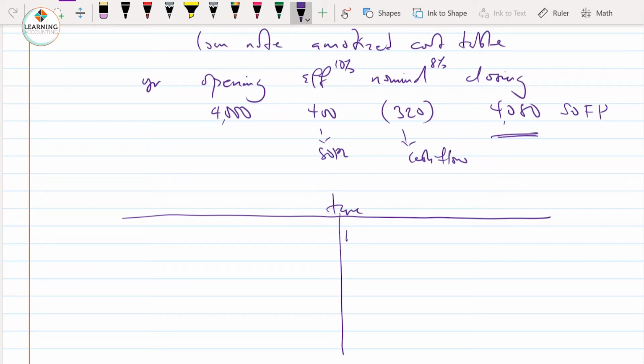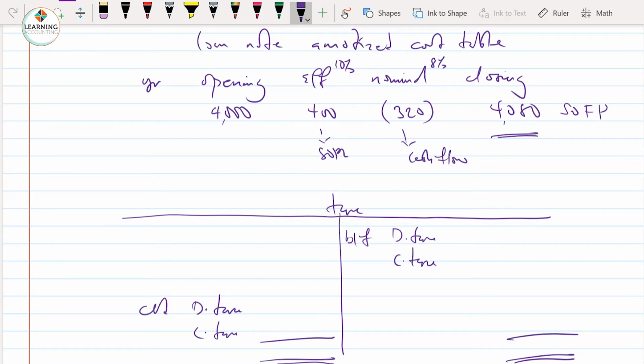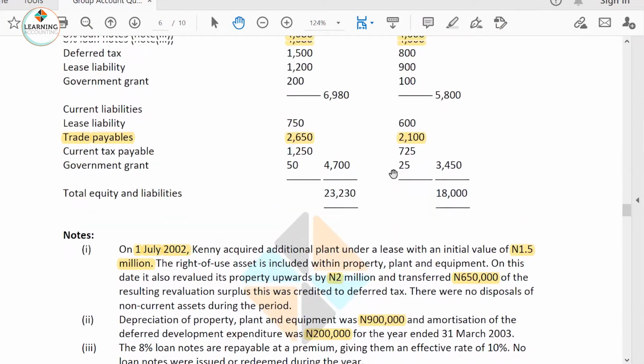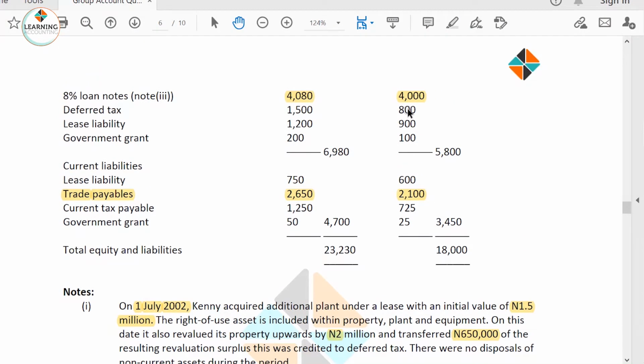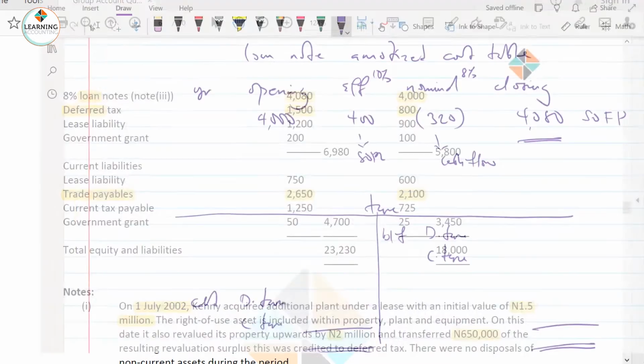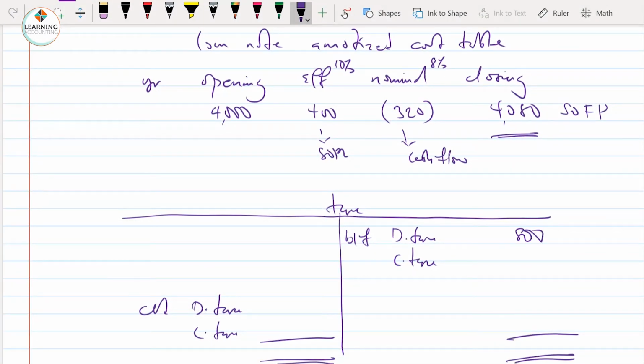Now to make it easy for you, you have your balance brought forward for your deferred tax and your current tax. You also have the closing balance for your deferred tax and your current tax. The deferred tax brought forward is 800 and the closing is 15.